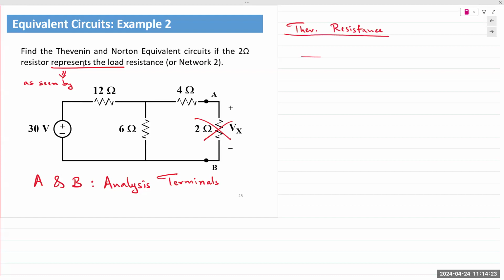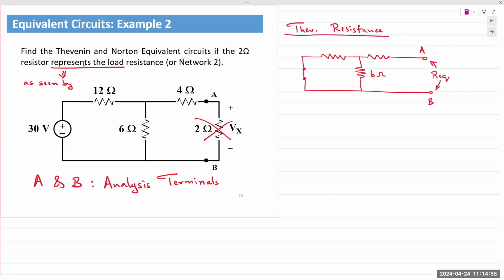You draw out the circuit as it is: 12 ohms, 4 ohms, 6 ohms, and a short circuit wire where my voltage source was connected. This is terminal A, this is terminal B. REQ, the total equivalent resistance, is measured between those two terminals.